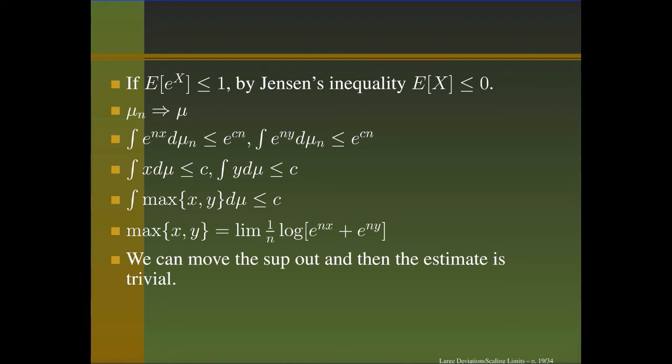So you get for max of x and y a bound which is exactly the same bound as you have for each one. So throwing the max in does not change your bound. So you can throw in a finite number of max, an infinite number of max, a countable number of max, an uncountable number of max, as many max as you like. And the bound doesn't change. So we can move the sup out and then the estimate is trivial.